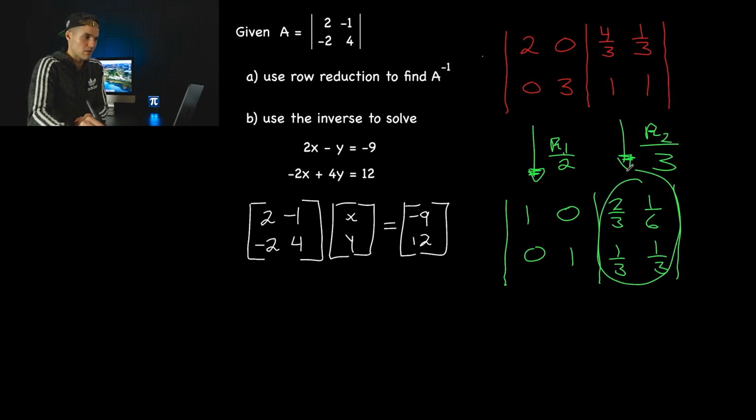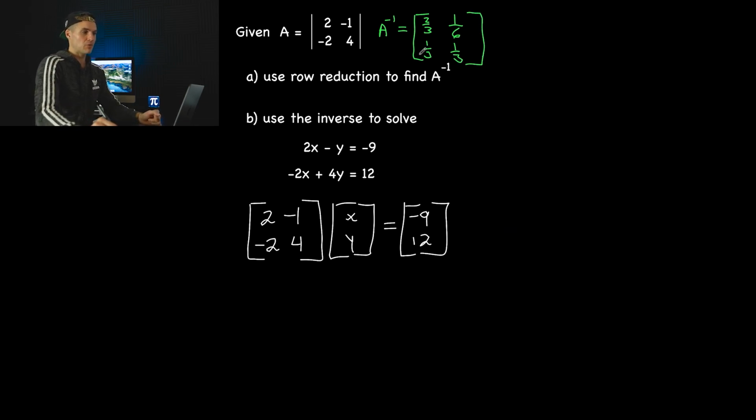So that right there ends up being the inverse. Let's write it on the side here. So A inverse, the answer to part A is 2 over 3, 1 over 3, 1 over 6, 1 over 3, like that.